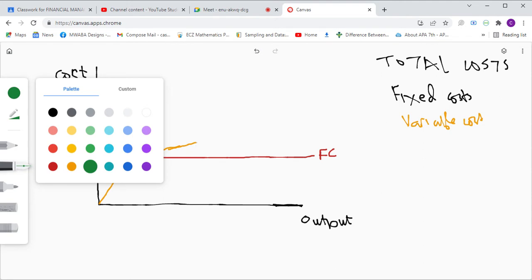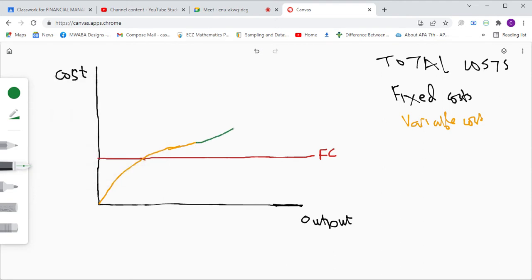Okay. Now I'm using different colors because something is actually happening here, which I'll explain after we put the fixed cost and the fixed cost graph, the total cost graph actually, after we put the total cost graph, all right?